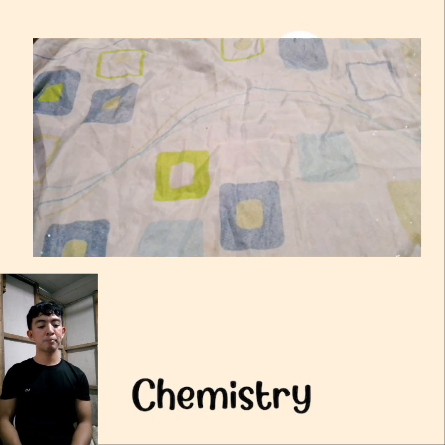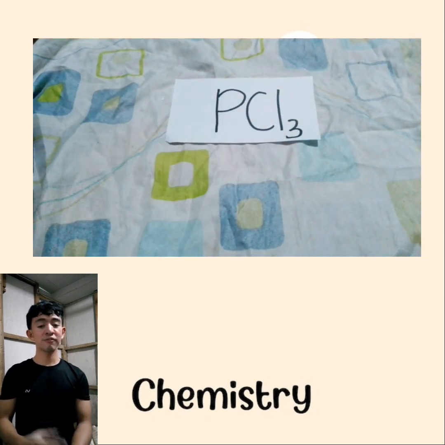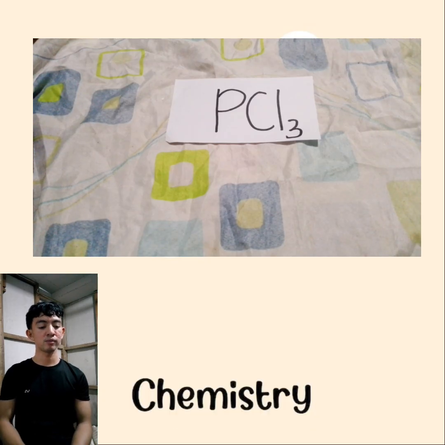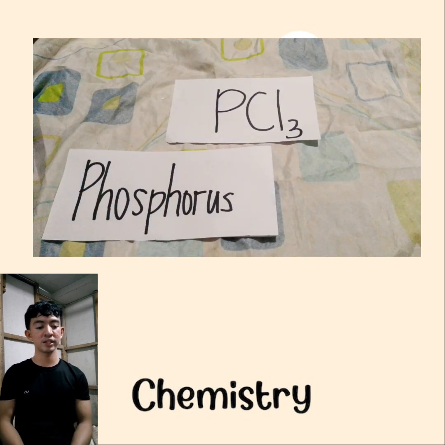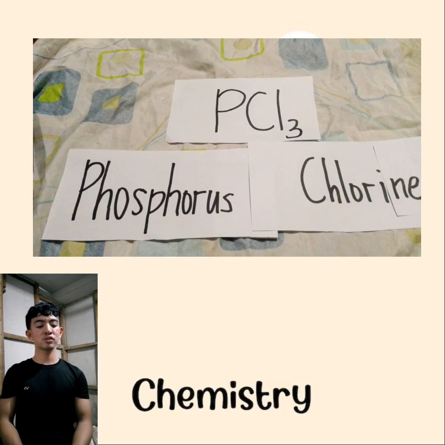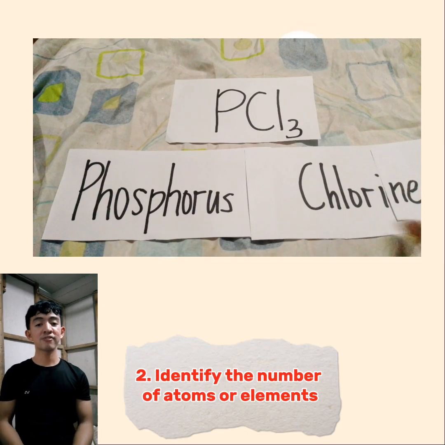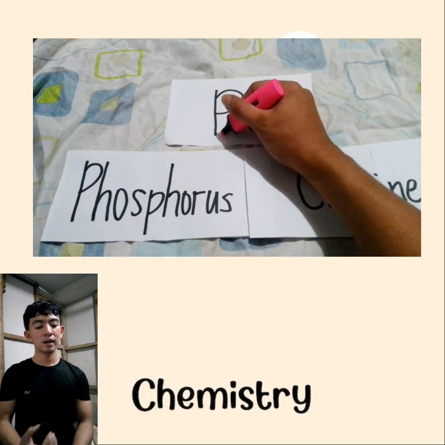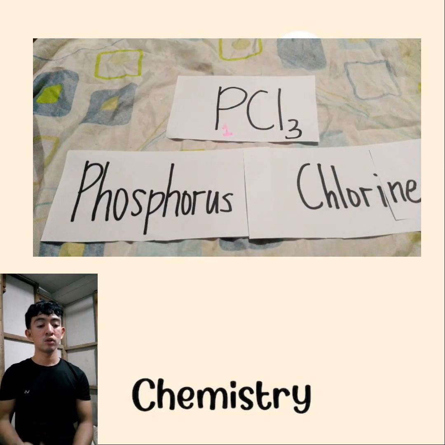We have here PCl3. The first step, of course, is to identify the name of the elements present in the compound. We have here P, which stands for phosphorus, and Cl3 is for chlorine. Then our next step is to identify the number of atoms present in each element. Since P usually contains 1, we can use mono, but we can also drop it since it is at the beginning of the compound.